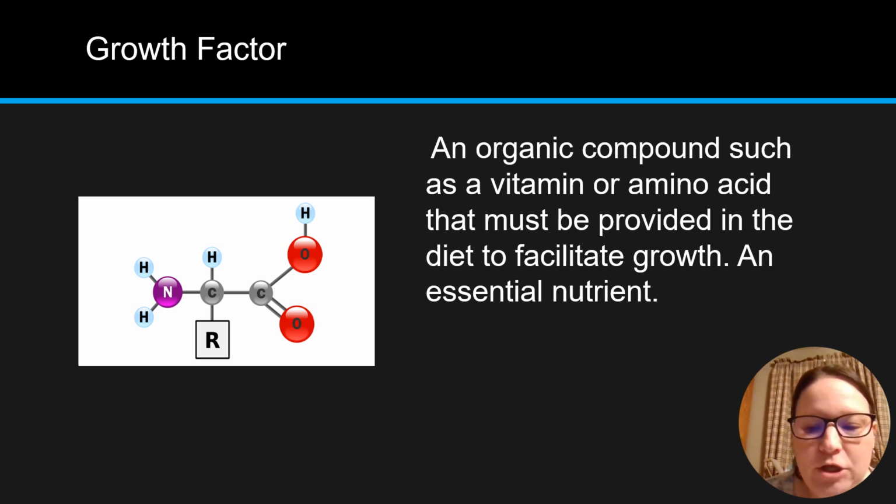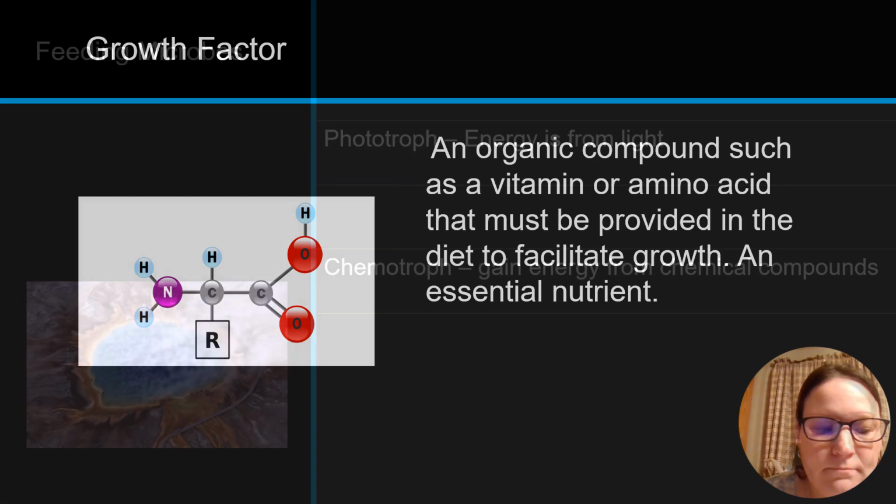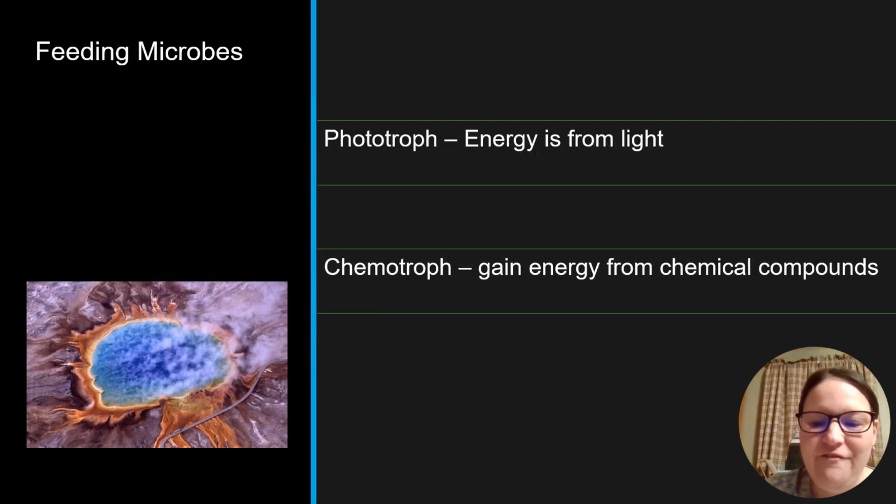This picture over here on the left-hand side is a picture of an amino acid. Feeding microbes, there are two different ones that we need to remember: phototroph and chemotroph. Phototroph, energy is from the light, photo as in photosynthesis. Chemotroph, they gain their energy from chemical compounds, so chemical.